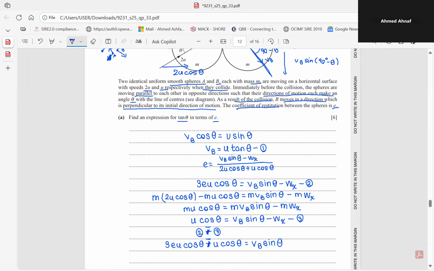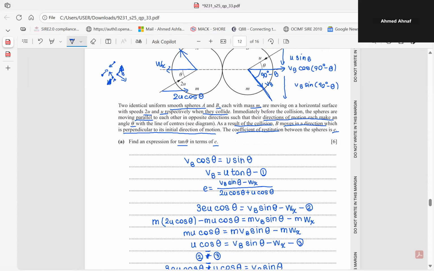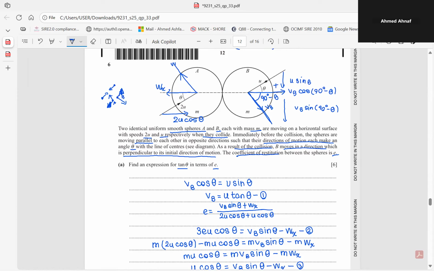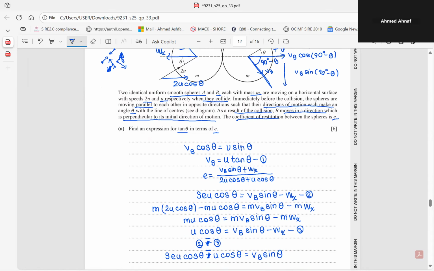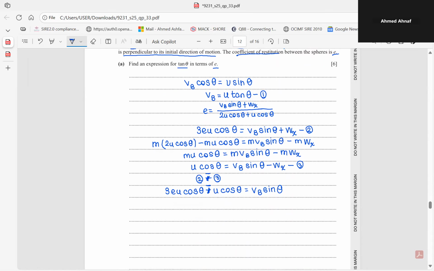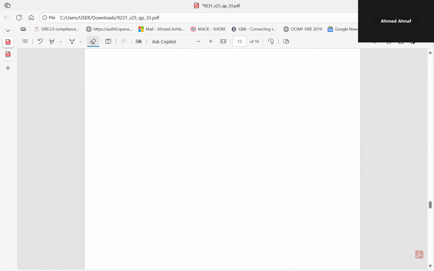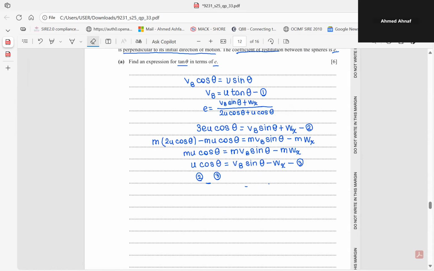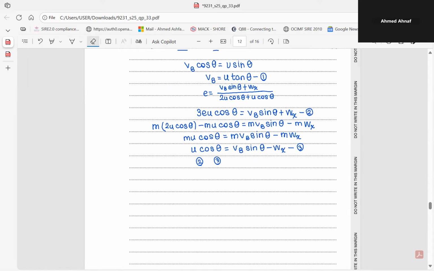Sorry everyone, I just realized my mistake. This is supposed to be plus, because this is made positive, this is negative. So positive minus negative, you'll get positive. So we can simply add up these two equations, 2 and 3.